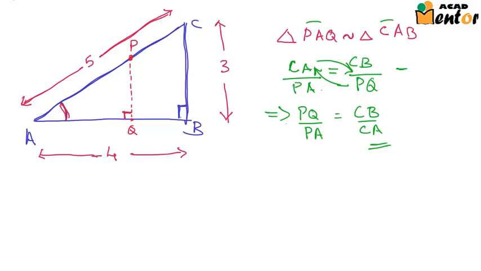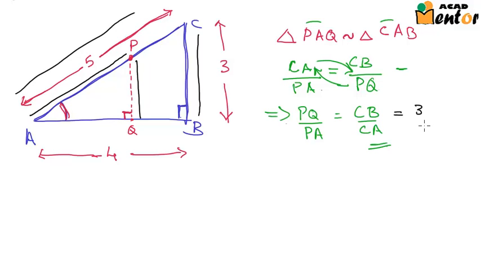Now if we look carefully in the triangle that we had drawn, we see that PQ is this height while PA is this hypotenuse and CB is this height and CA is this hypotenuse. So CB is nothing but 3 units and CA is nothing but 5 units.